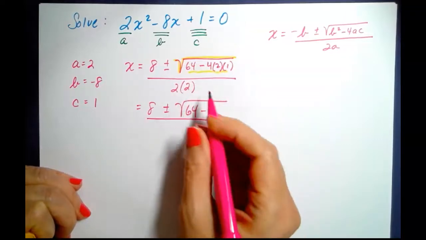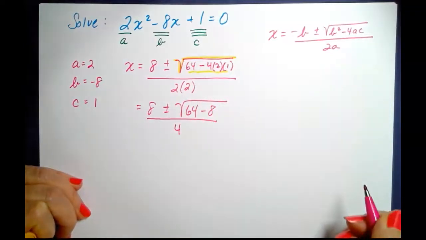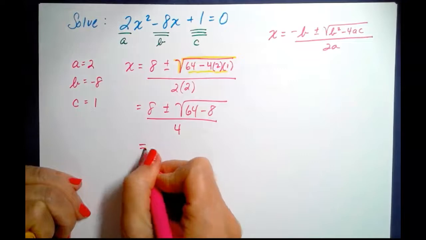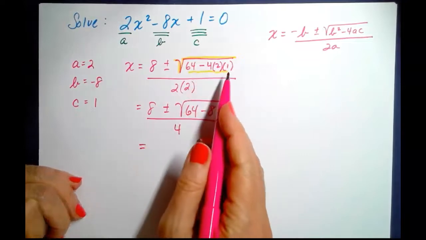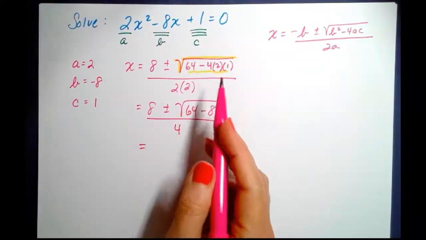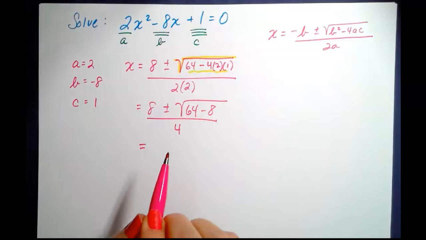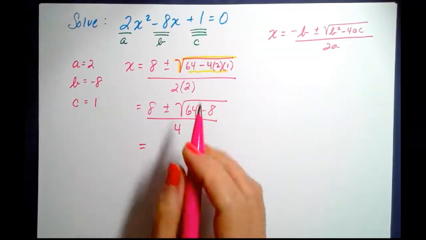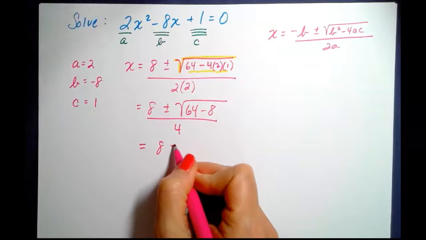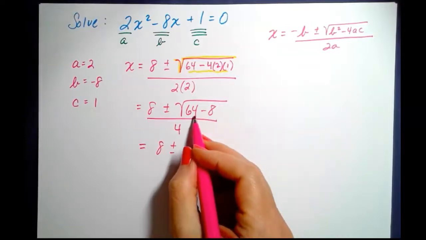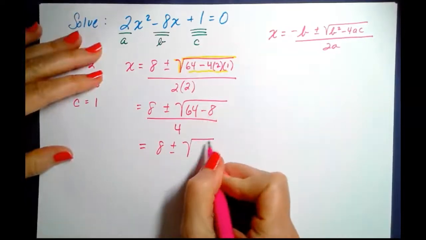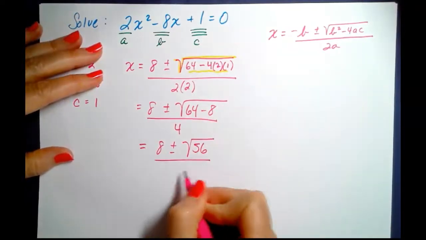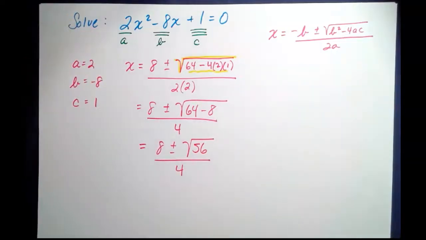And of course on the bottom, 2 times 2 is 4. What's underneath that radical sign is b squared minus 4ac. We're going to talk about it a little bit later in this section. It's called the discriminant. So we've got 8 plus or minus the square root of 56 over 4.